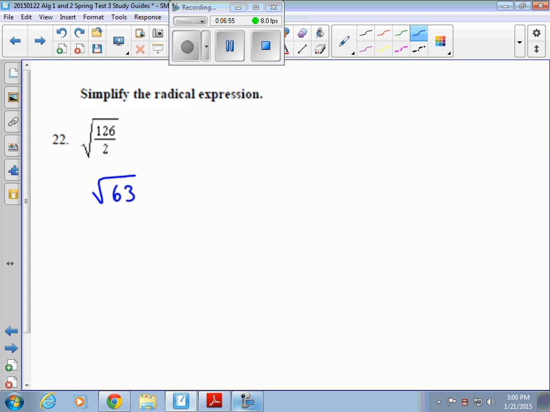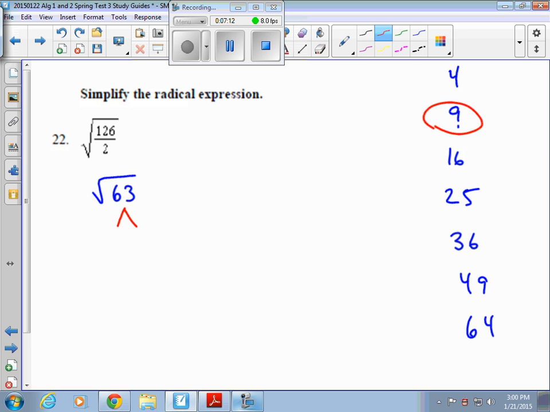So from there, remember what your perfect squares are. 2 times 2, 3 times 3, 4 times 4, 5 times 5, 6 times 6, 7 times 7, 8 times 8, and then we got too big. One of those numbers, when you multiply by it, is a perfect square that goes into the number 63. 9 does. The square root of 9 times the square root of 7 simplifies. The square root of 9 is 3 times the square root of 7.